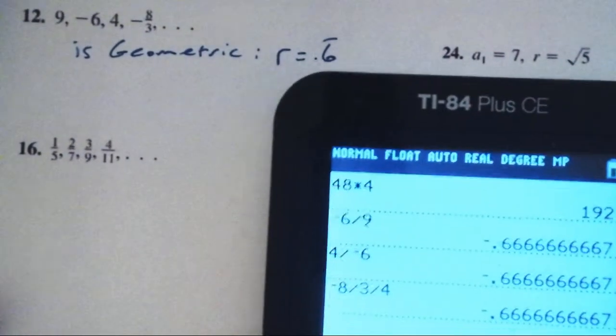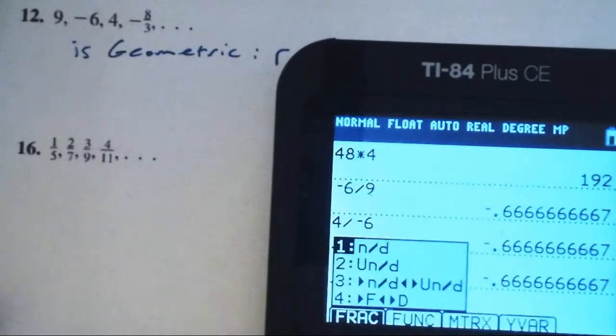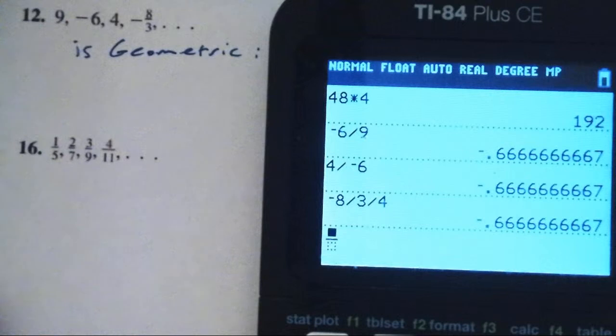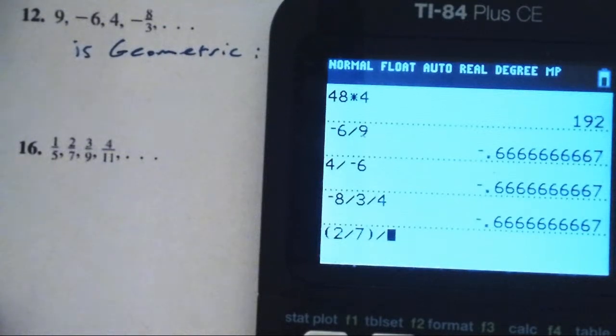And likewise, number 16, we could go ahead and take the 2/7 and divide by the 1/5.